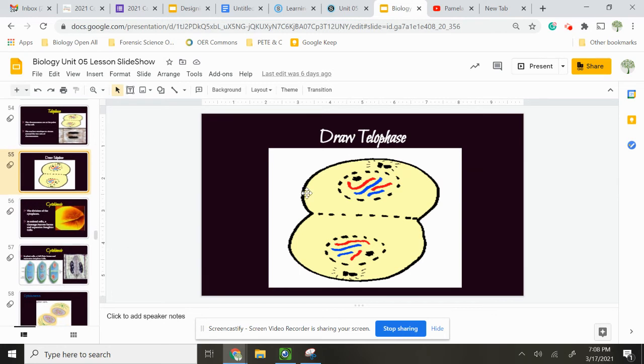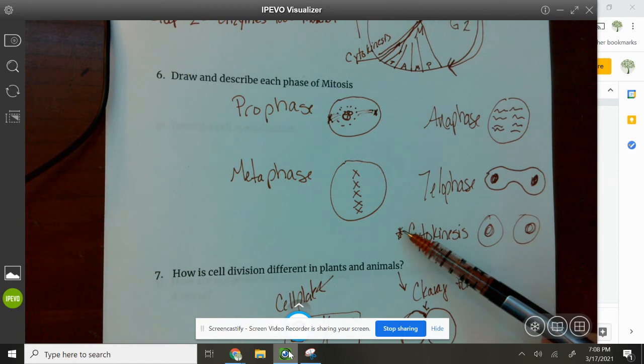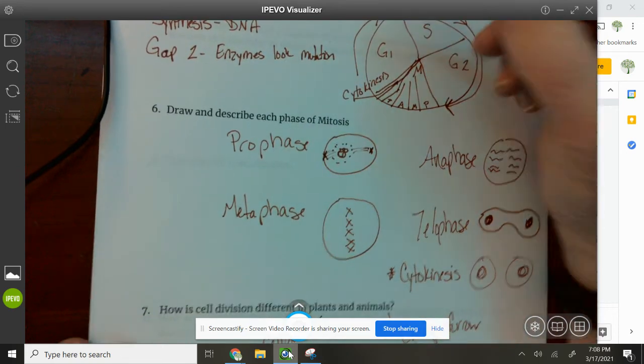The nuclear envelope is starting to reform. You've got the chromosomes all tucked in where they're supposed to be. And we're starting to see the division of the cytoplasm, which is our next step. Not technically, that's why I put that asterisk there. Cytokinesis is part of the M phase of the cell cycle.